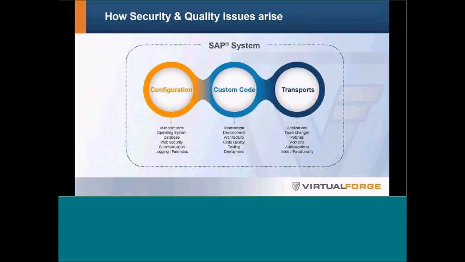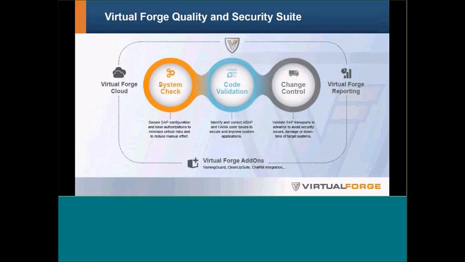And of course, we are happy to support you in those three areas I mentioned earlier, in the configuration, custom code and transport areas, with our solution portfolio, which includes our System Profiler, which is able to check your SAP system, with our Code Profiler, which is able to scan your custom code, regardless of whether it's ABAP or HANA code, and also with our Transport Profiler, which is able to scan transports before they are actually imported into the system.